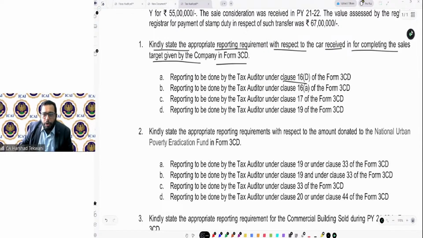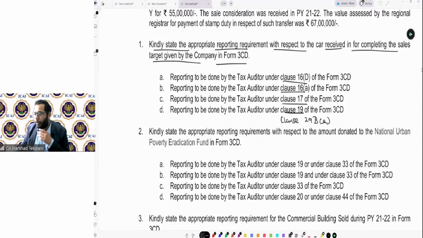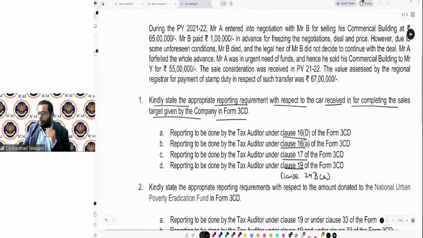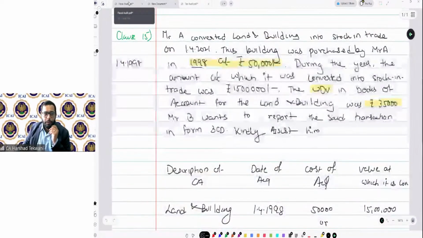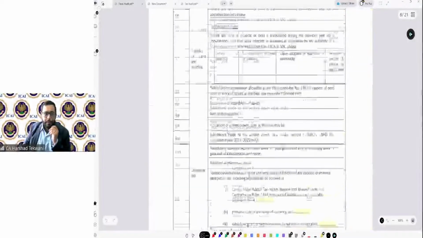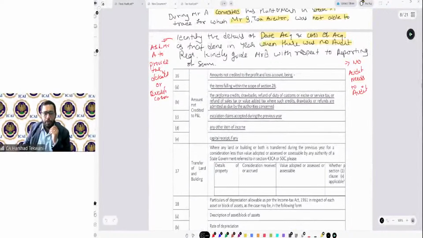Clause 16D, Clause 16A, Clause 17, Clause 19, or one more option, Clause 29BA. Which is the correct answer over here? This is the clause 16 that we discussed just now: amount not credited to profit and loss account.